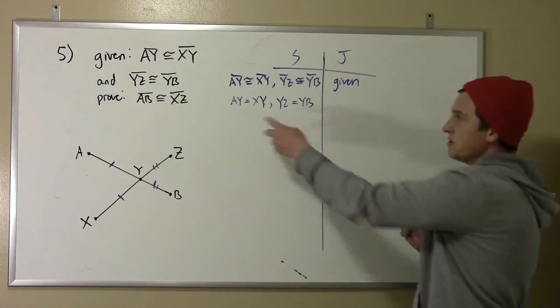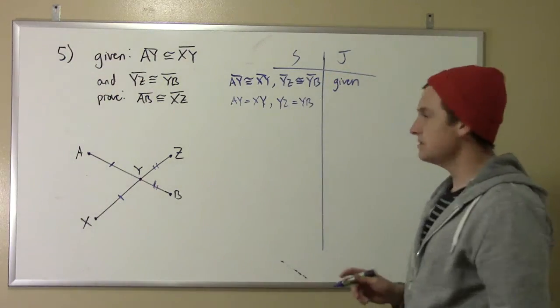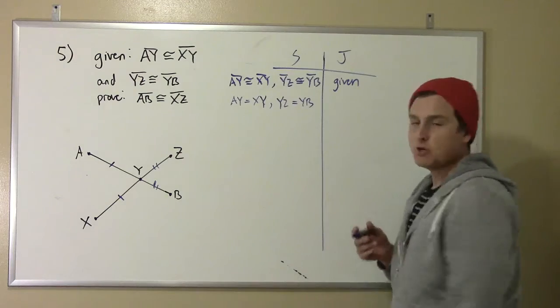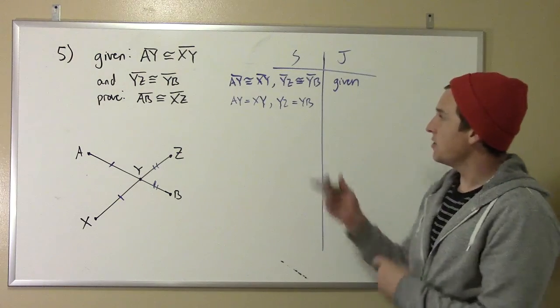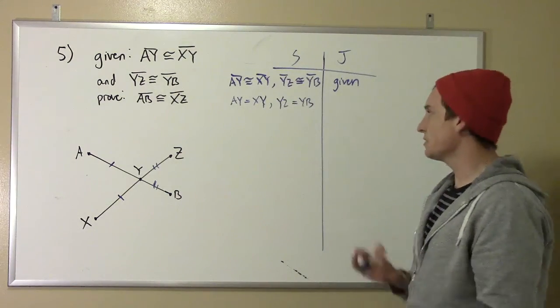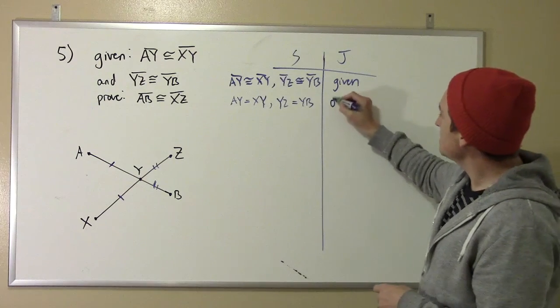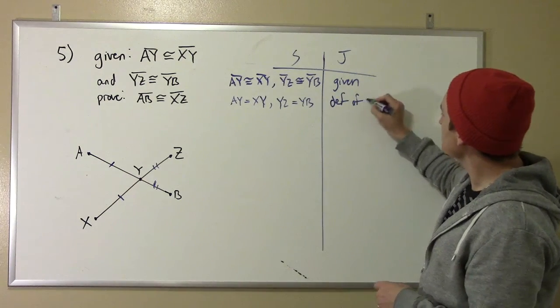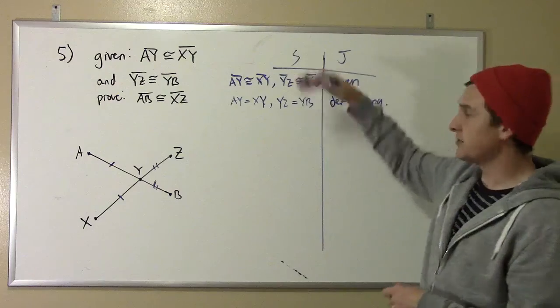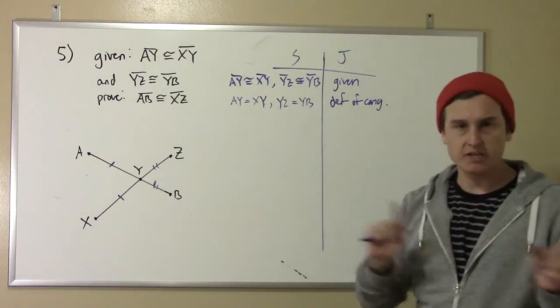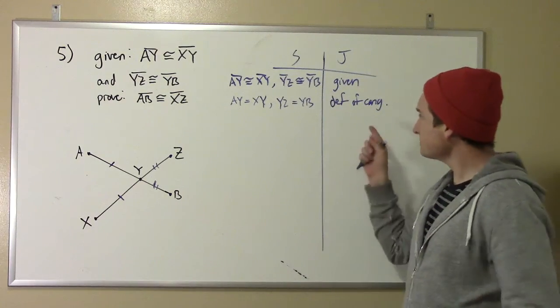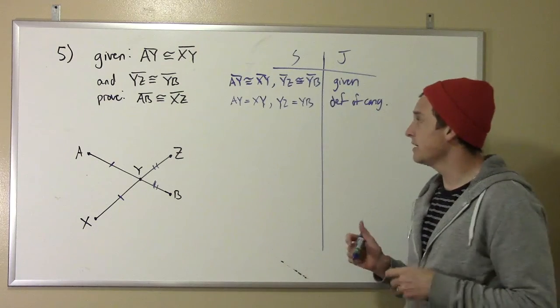Now you could do these in 2 separate lines if you wanted to keep it clear. You don't have to though. Whether you do 2 separate lines or 1 line, it's kind of the same. But this is the definition of congruence that allows us to move from congruence to equality. Remember, it's our bridge between congruence and equality. So that's a definition of congruence there.